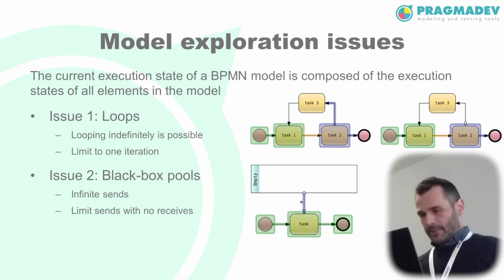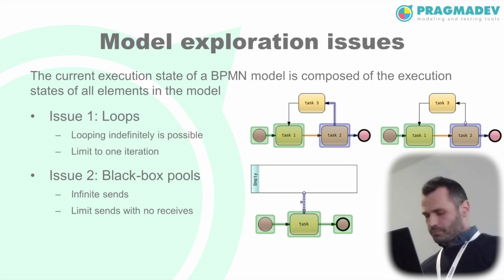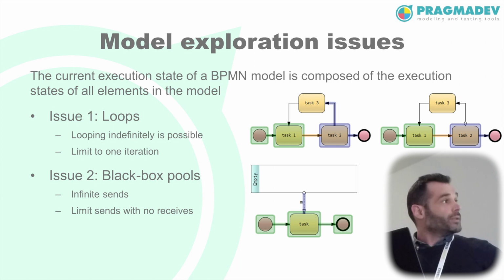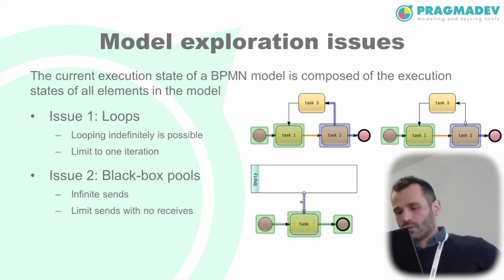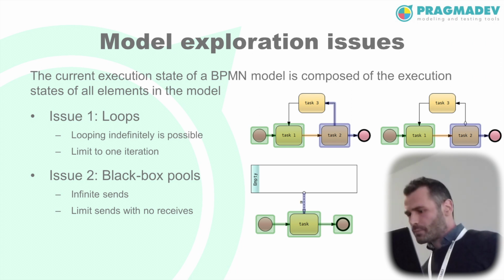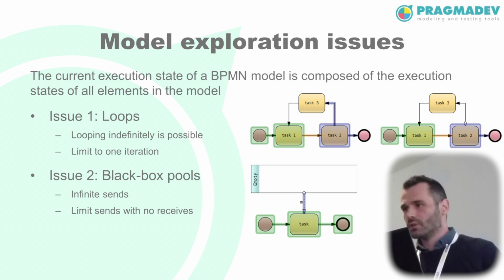For example, in the picture shown here, this is one construct that we saw in our use cases. In this example, the end symbol is never reached by all flows due to the implicit forking gateway in task 2.